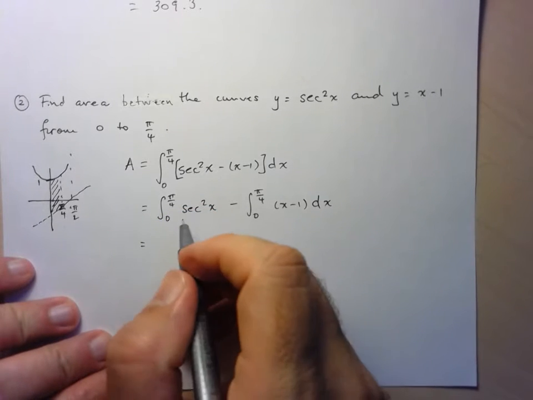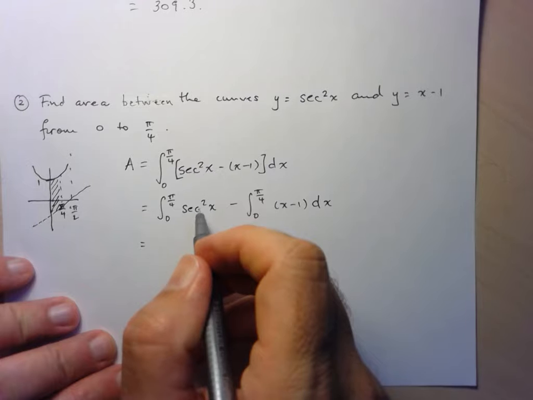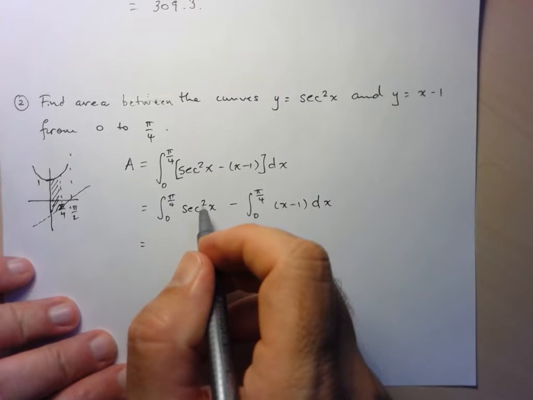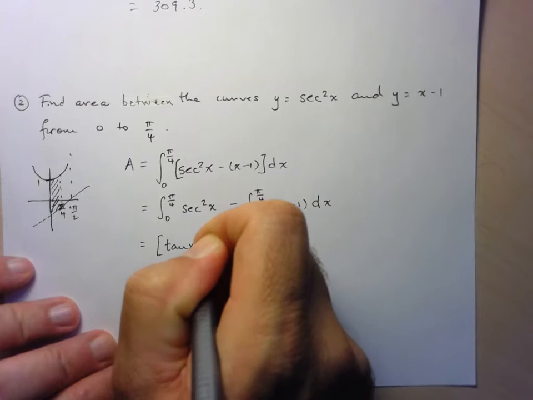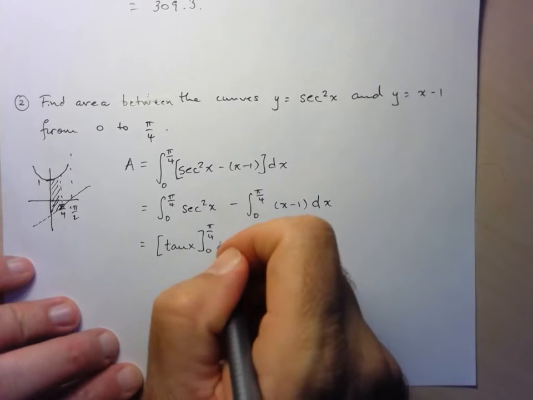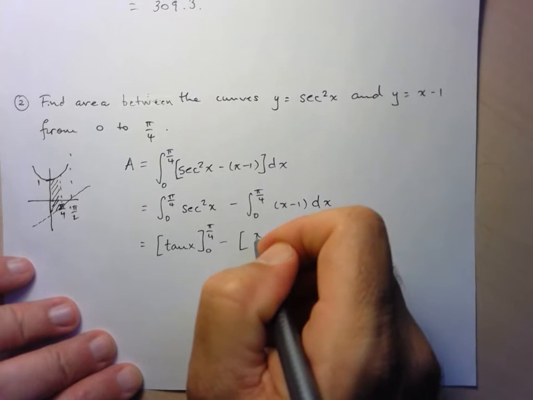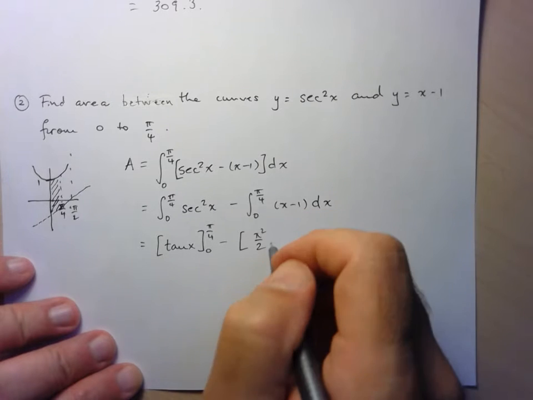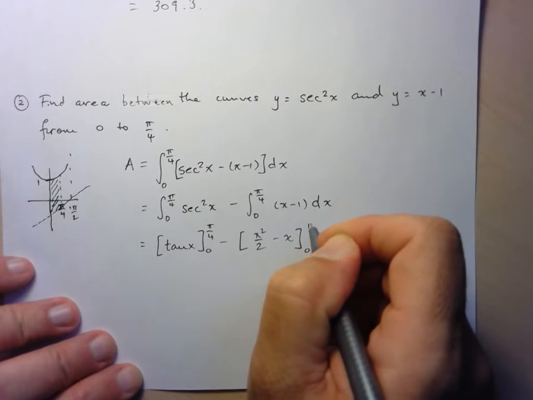Here we remember that the derivative of tan x is secant squared, so the antiderivative of secant squared x is just tan x. So this is just tan x evaluated from 0 to pi over 4. And then minus, the antiderivative of x is x squared over 2, and the antiderivative of 1 is just x, evaluated from 0 to pi over 4.